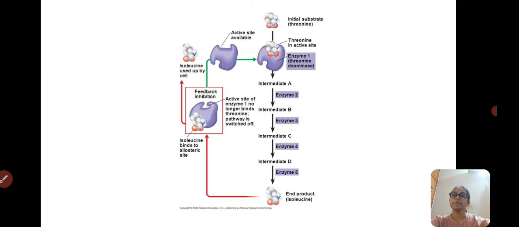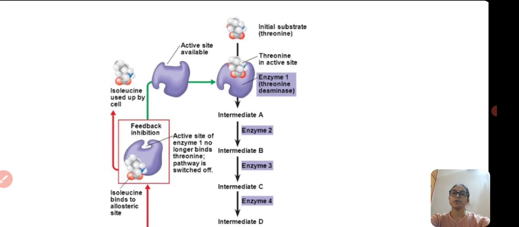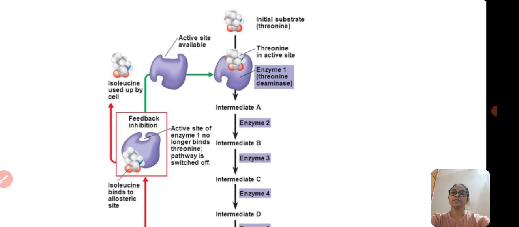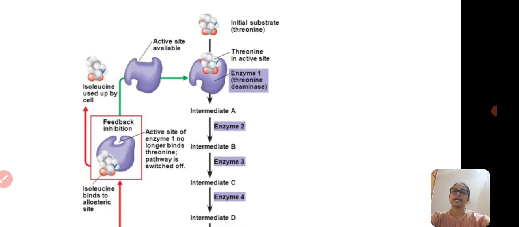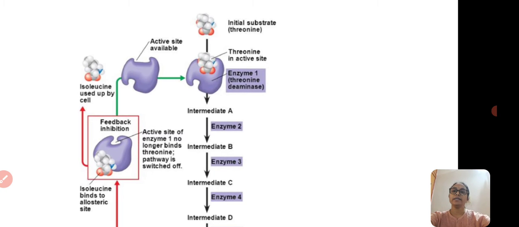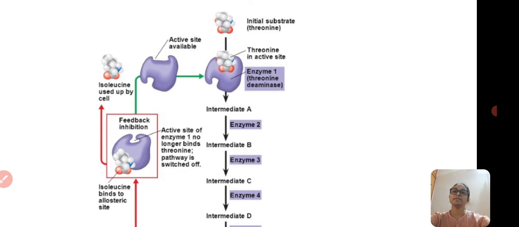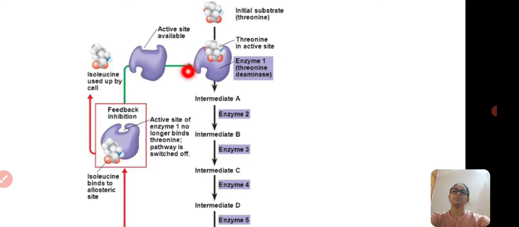Now we can see the schematic representation of this complete biochemical sequence. First, the initial substrate is L-threonine, which undergoes the enzymatic reaction with threonine deaminase, which gives the enzyme substrate complex and the intermediate product.